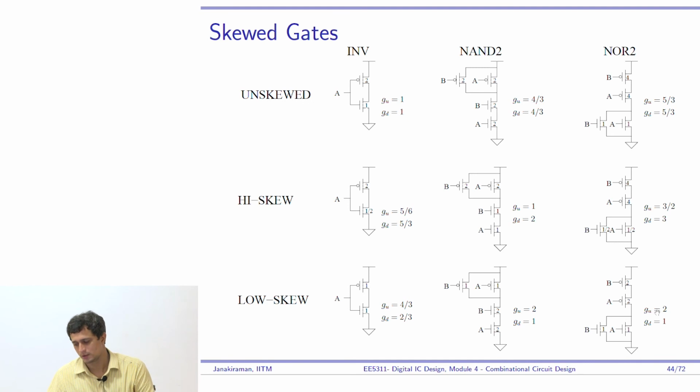Similarly, for a NOR, the pull-up logical effort again is 2. Pull-down logical effort is 1. So please go and work these out on your own. You have to do the same thing. You have to construct the symmetric static CMOS inverter. That's the only step that you have to get correct. Once you do that, it's just a question of dividing by the capacitance. Clear? Okay.